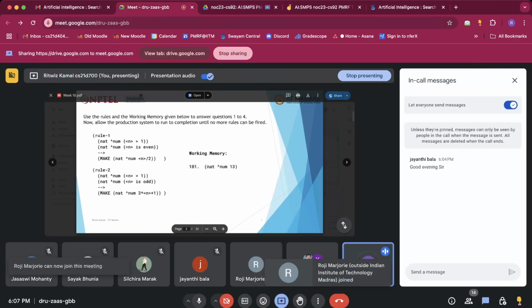I'll let you go through these rules and working memory and try to solve this on your own, and then we will discuss the steps involved. Remember you have to run this until you reach a point where no more rules can be fired, and then your system will halt.